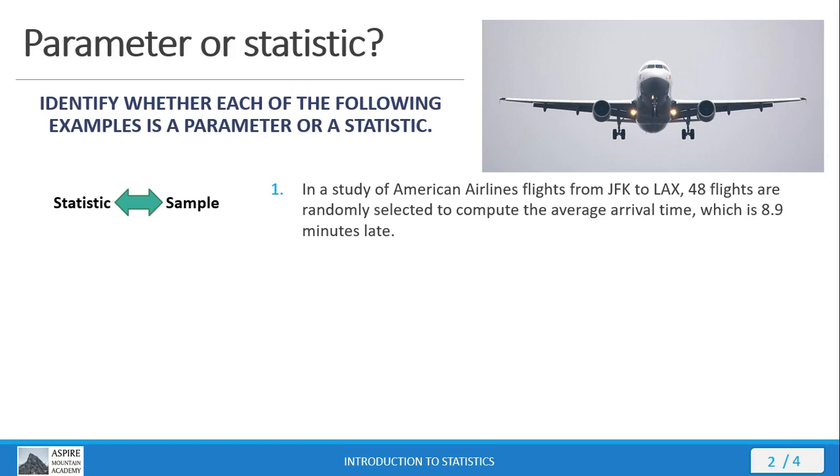I'm not sure what that is, apart from a fuzzy wuzzy inside that comes with knowing you got the right answer. But I am sure that the population of flights between New York and Los Angeles is a lot bigger than 48. That means we have a portion of the whole, and that means we have a sample, and that means we must have a statistic.